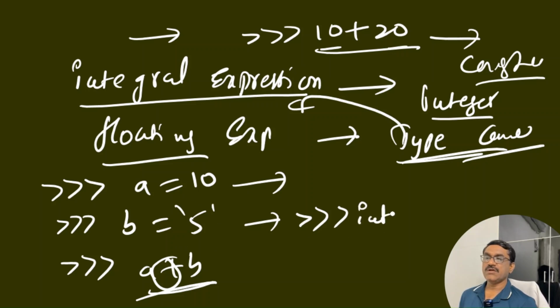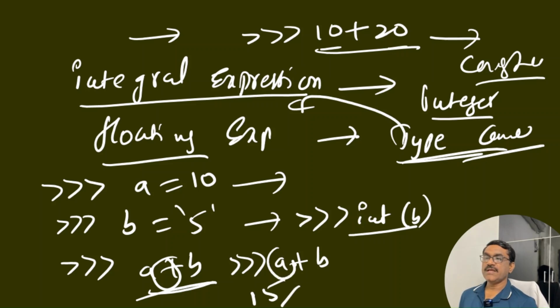Here I'm writing int of b. Whenever we say int of b, this b is converted into an integer. Then only you can say, at the Python shell, a plus b. Now the result we are going to get is 15. a is an integer object. Forcibly, we have changed the string variable b into an integer by using the type conversion. This is known as the integral expression.